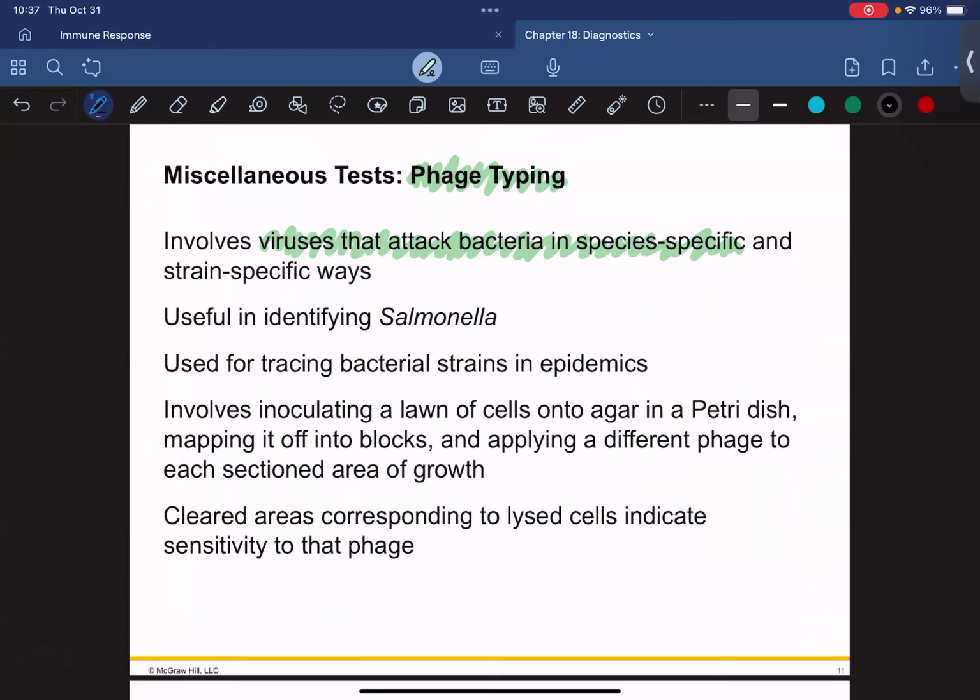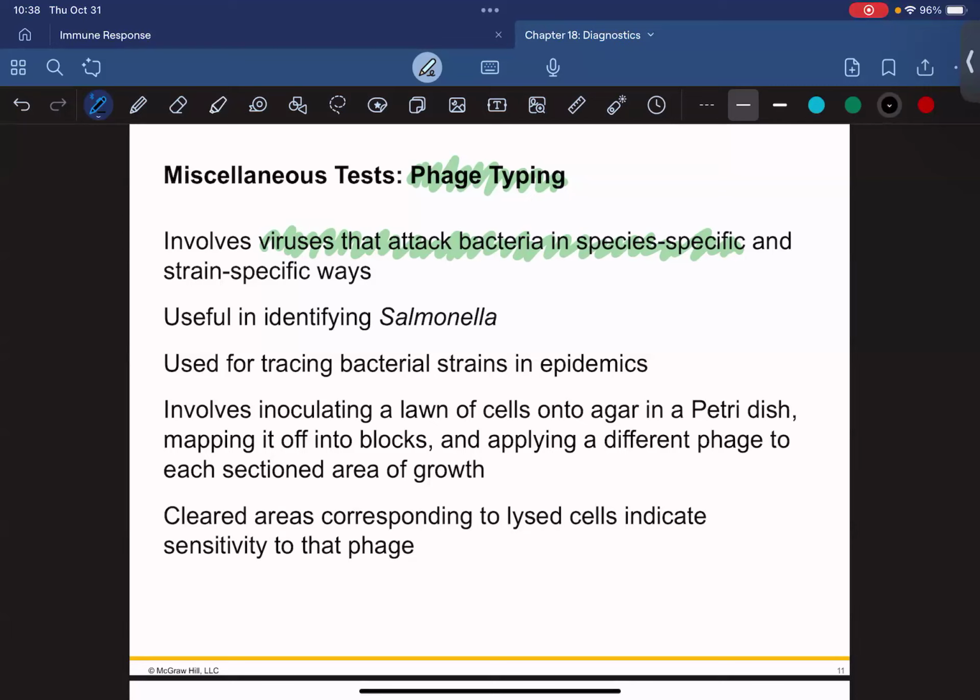But there's Salmonella typhi, Salmonella typhimurium, and another one, enterica. Those aren't actually separate species of Salmonella. They're like subtypes, subspecies. So if you want to know what kind of Salmonella you have, sometimes Salmonella typhi versus typhimurium subspecies might be susceptible to a phage type that the other subspecies isn't.